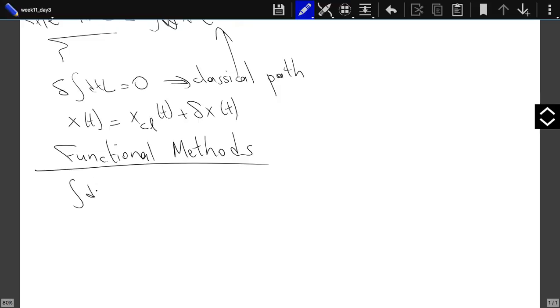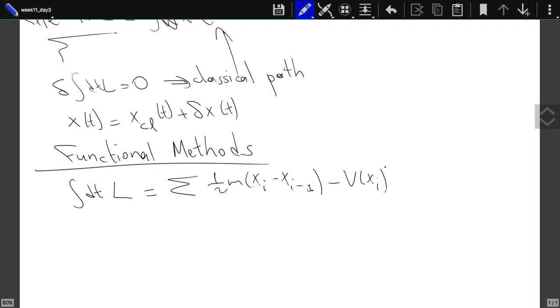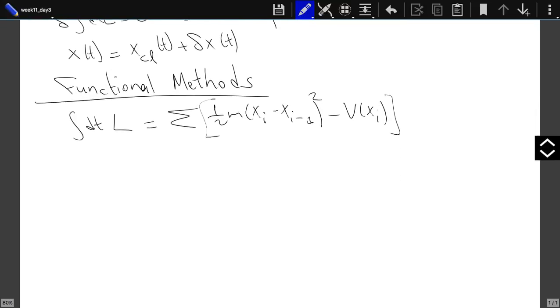Basically, this thing we had written was actually nothing but such a summation: 1 over 2 (x_i minus x_{i-1}) squared minus V of x_i, times epsilon.